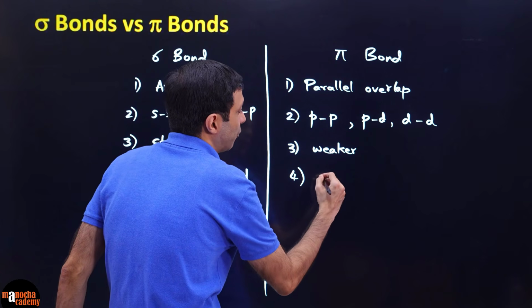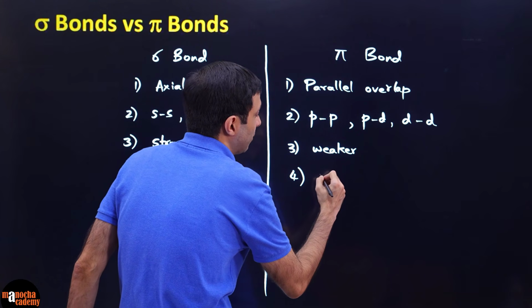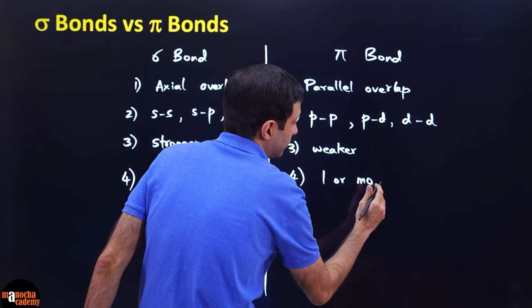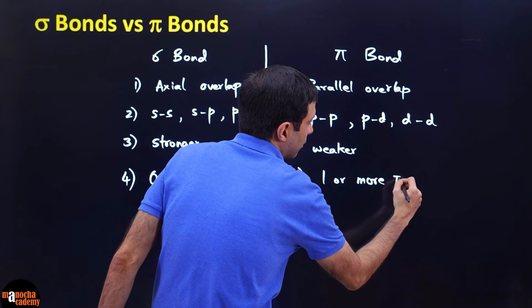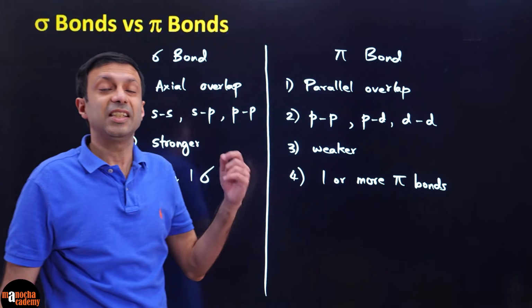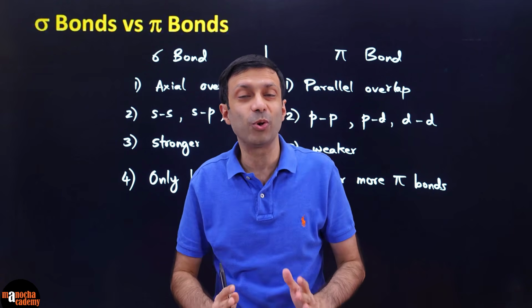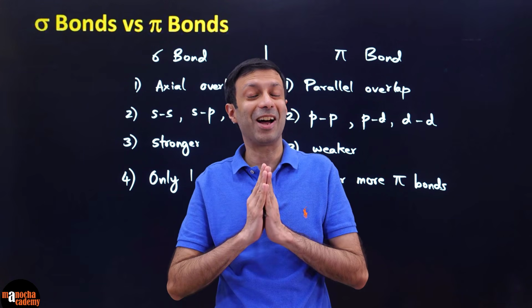So pi bonds will form after the sigma, so there can be one or more pi bonds. So guys, these are the important differences between the sigma and pi bond. So please note it down and make sure these differences are crystal clear to you.